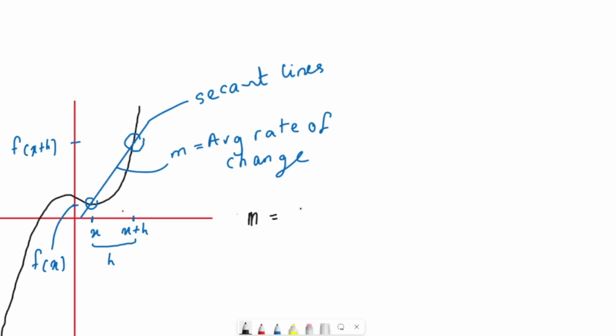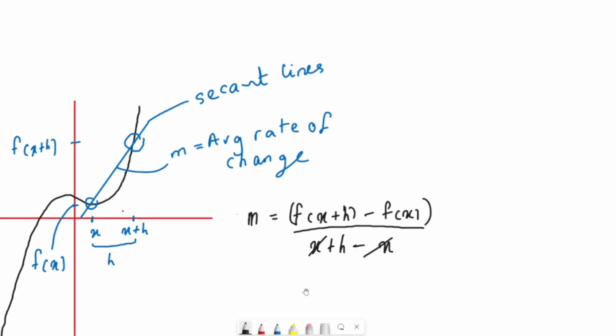So y2 will become f of x plus h and minus y1, which is f of x. And I'll divide this by the x's. So x plus h was x2, so we get x plus h, and x was x1, so we get minus x. So this x and this x are canceling because this is a negative.